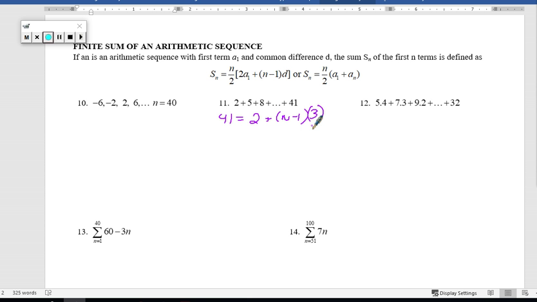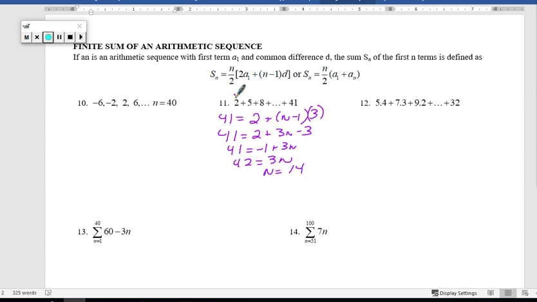So I can figure out what this n is for 41. Distributing, we're going to get 3n minus 3, so 41 is equal to minus 1 plus 3n. We get 42 is equal to 3n, so now I know that my n value is 14.